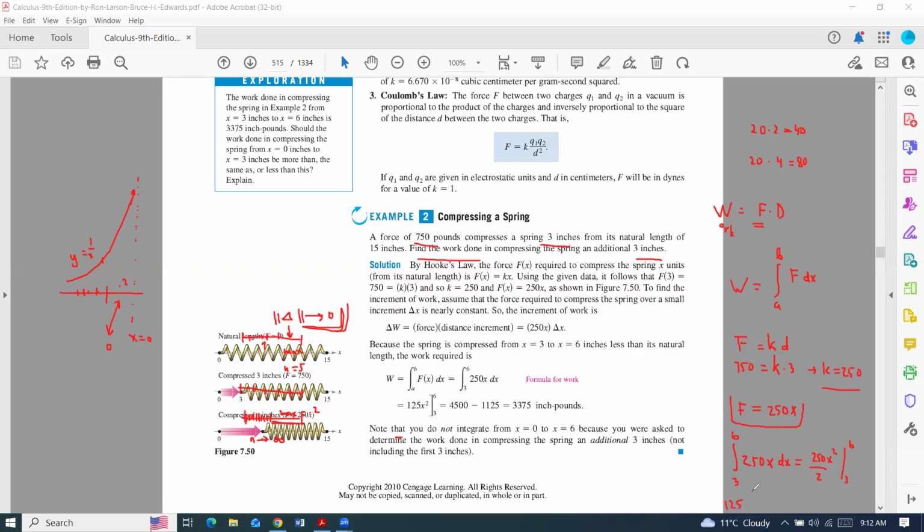And then the upper limit I plug instead of x, so that will be 6 squared minus the lower limit, 3 squared, and that way we can see that. From 18, I subtract 9, it'd be 9, and 9 multiplied by 125 is what? That's 3375, I guess.